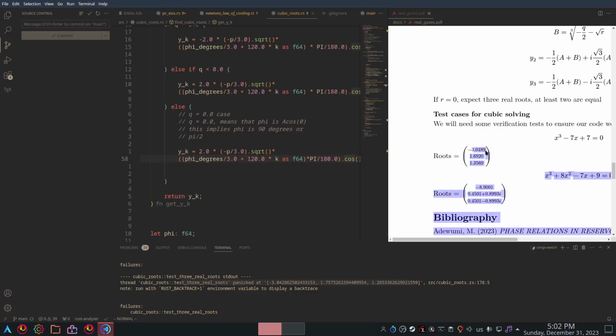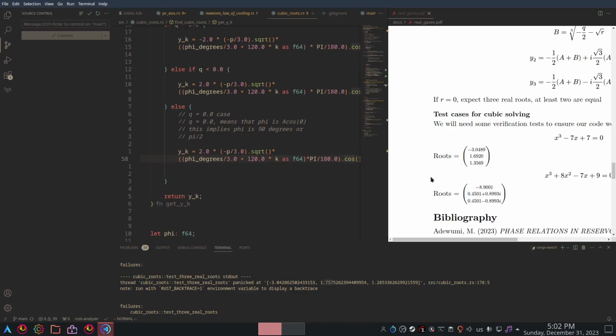If you compare these roots to the roots here, we have minus 3.048, almost 9. 1.6920, that's there, but the second root here is 1.7575. That is kind of close to 1.6920, but not as close as I'd like.